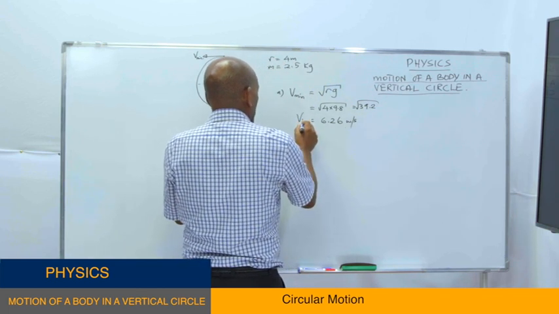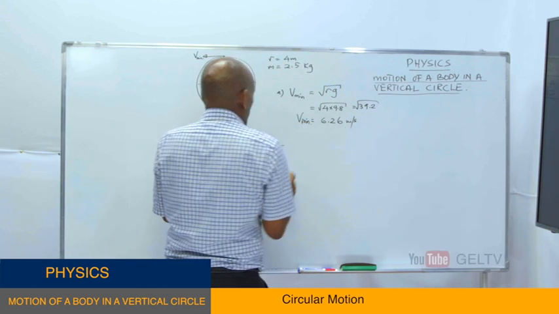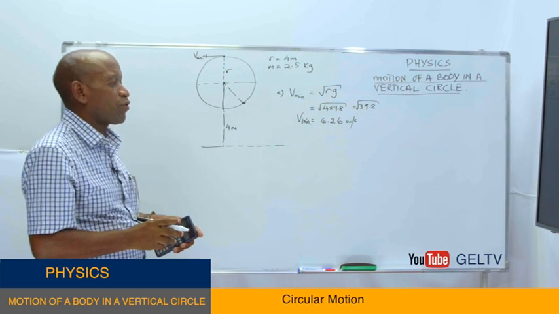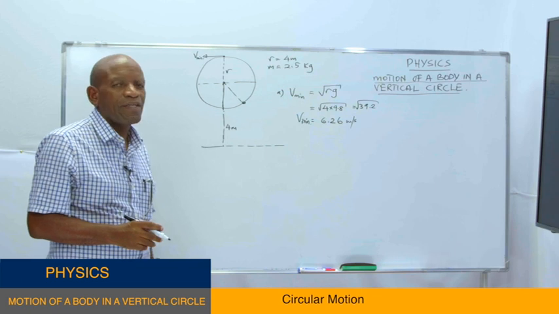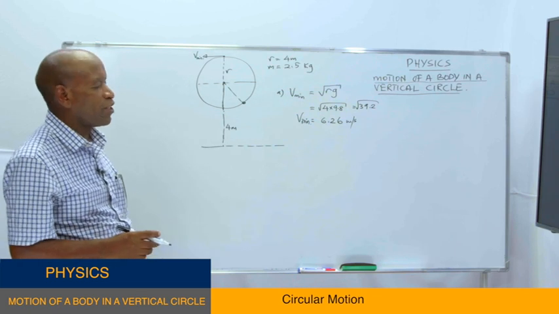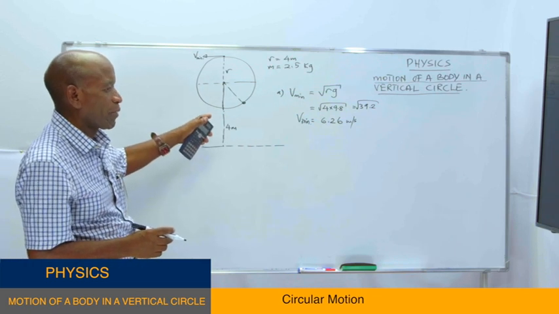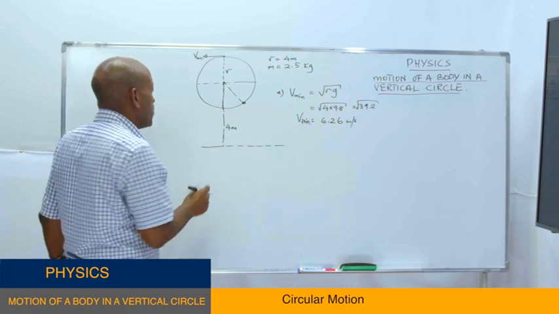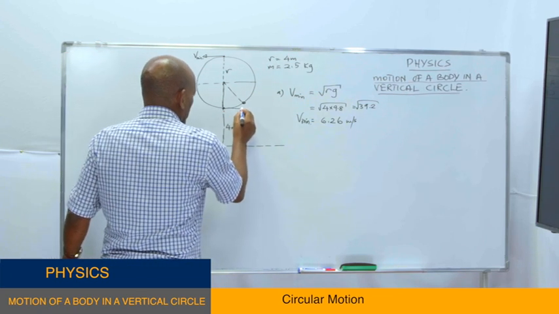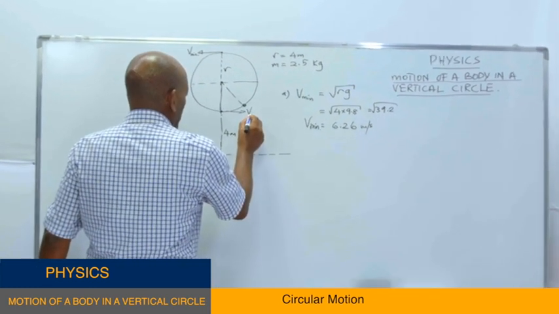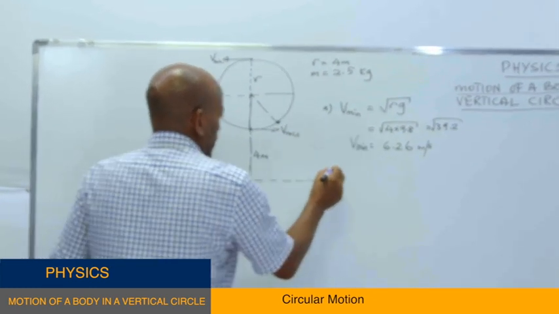So this is the minimum velocity. The minimum velocity is obtained at the top, and the maximum speed or velocity for this kind of motion is obtained at the lowest point. So here we get the maximum velocity.